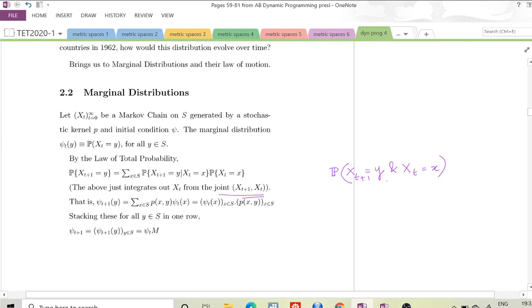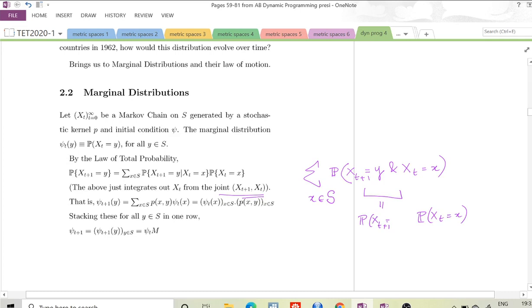So before adding up across all the x's, because this is a Markov chain, I rewrite this as a product of the marginal at time t times the conditional.